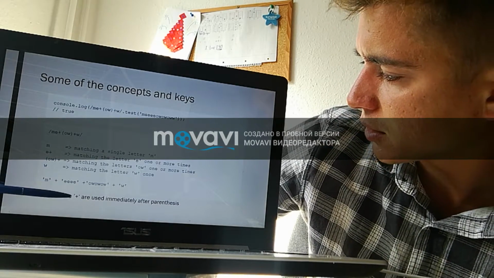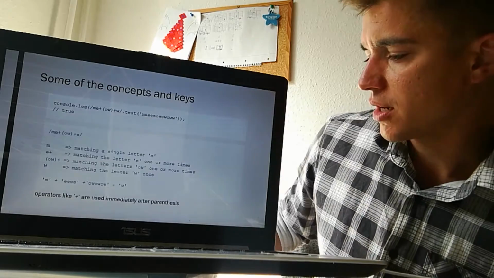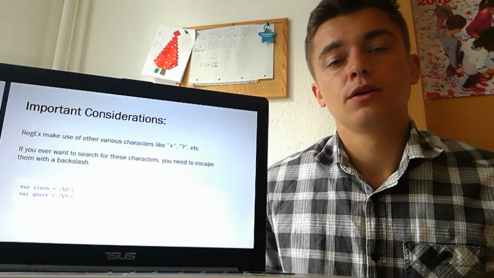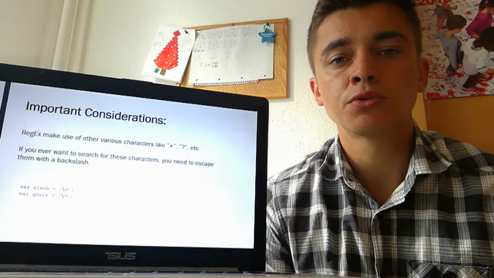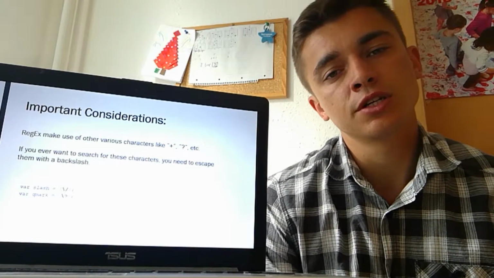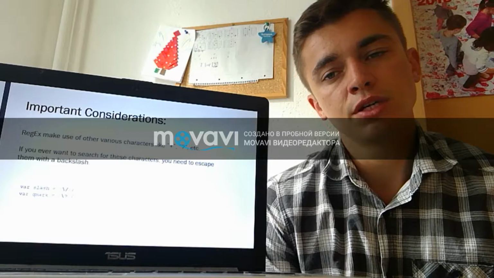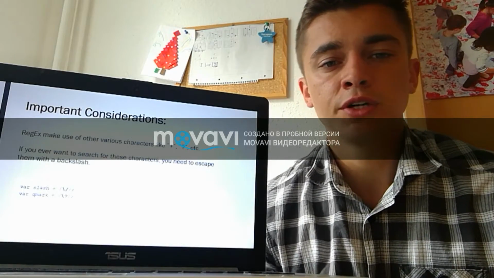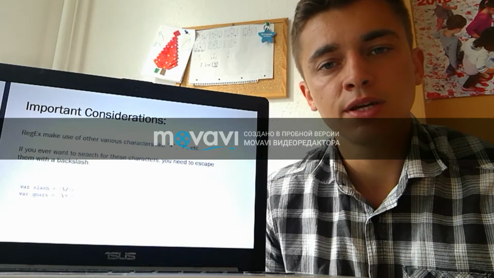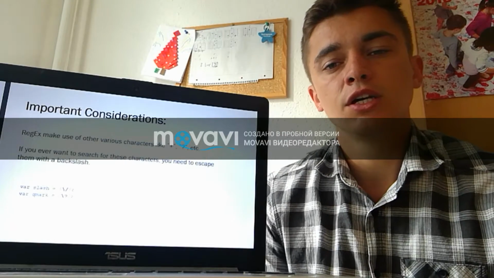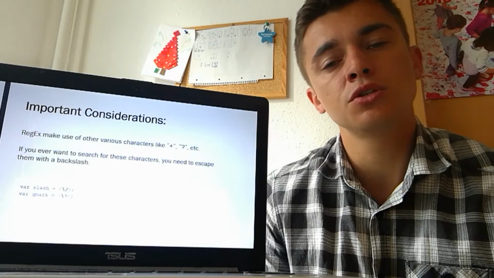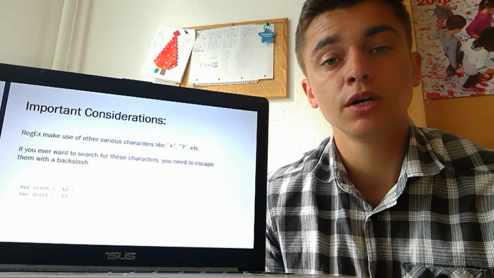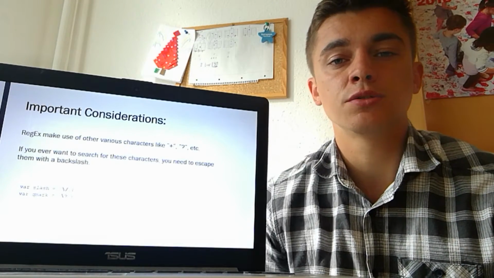Operators like plus are used immediately after parentheses. And a bit about important considerations. As you know, regular expressions are wrapped in slashes. Regex also makes use of other various characters like plus and question mark. If you ever want to search for these characters, you need to escape them with backslashes.